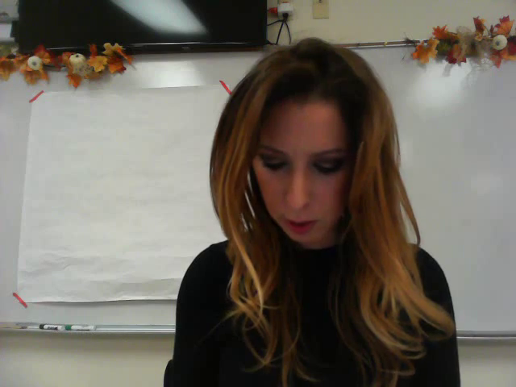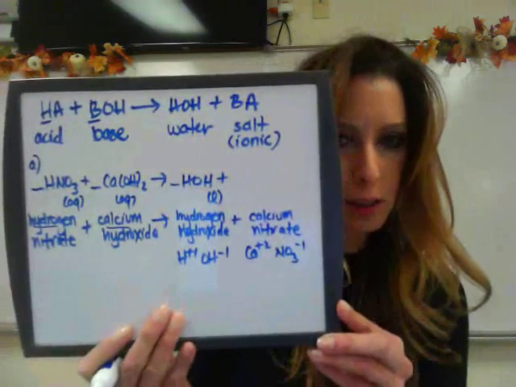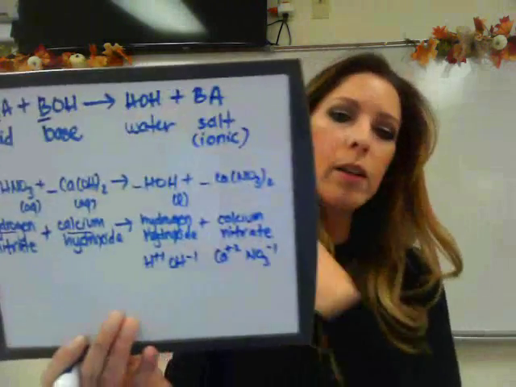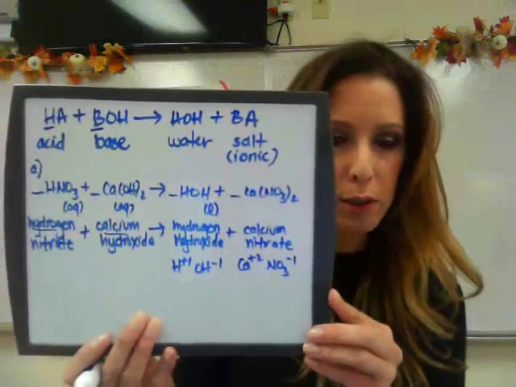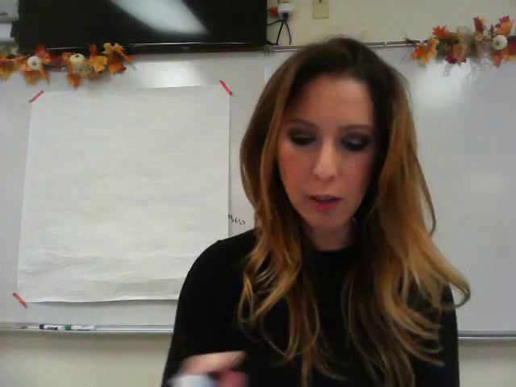Calcium is a cation, nitrate is an anion. So it's Ca plus 2, NO3 minus 1. You're going to cross the charges, and you're going to end up with Ca(NO3)2. Okay, and it looks like this. Now what you can do is reference the solubility rules. Nitrates are soluble. Calcium is not an exception, so we're going to put a little AQ after it.